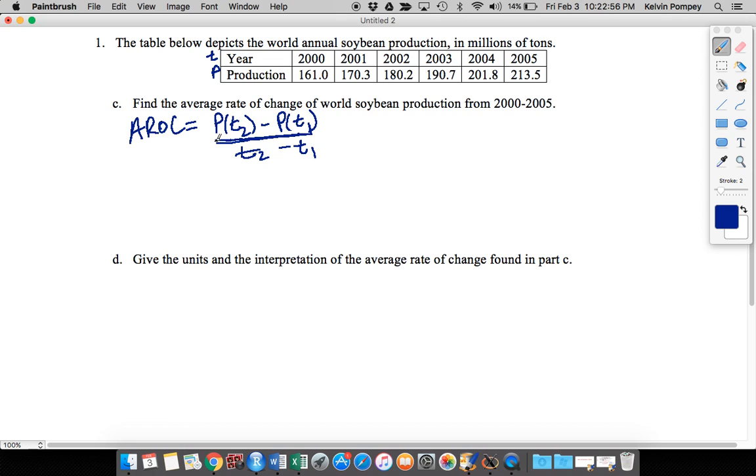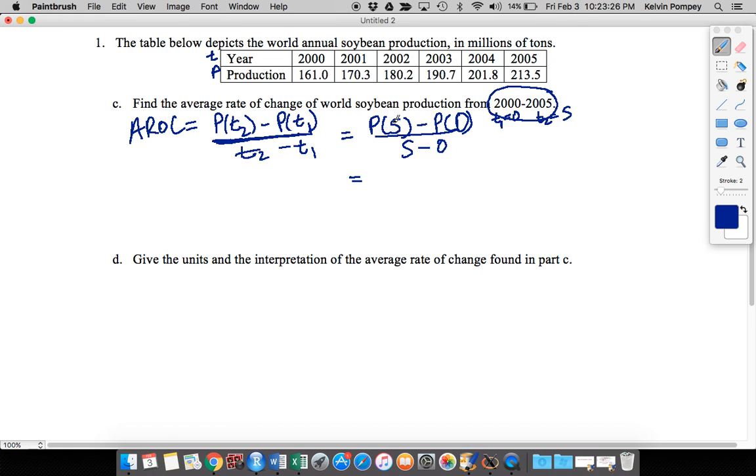I'm specifically getting the average rate of change from 2000 to 2005, right? At 2000, T is the number of years since 2000, so that's T equals 0. So I'm going to say T1 equals 0, and then T2 equals 5. That means my formula is P of 5 minus P of 0 all over 5 minus 0.